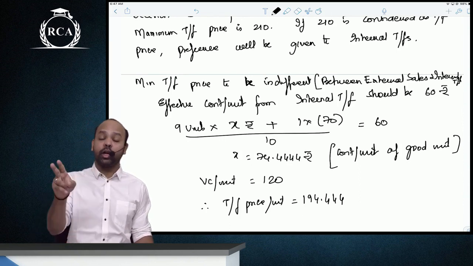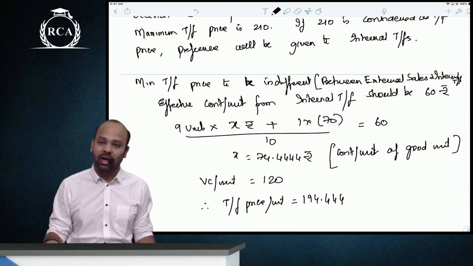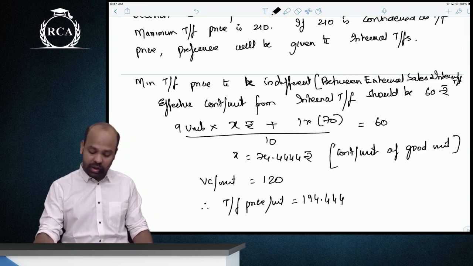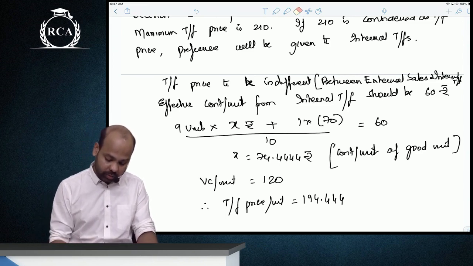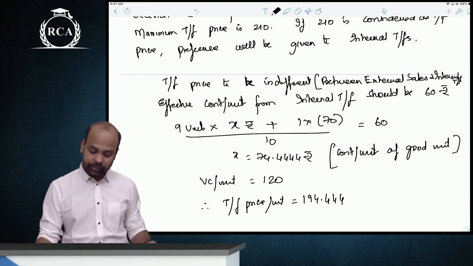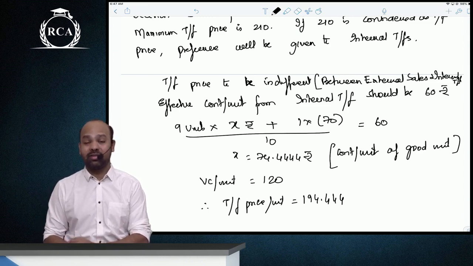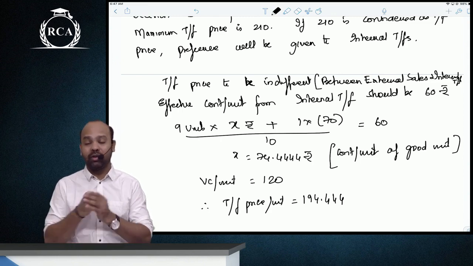Just in case he wanted to be indifferent between internal transfers and external sales, this is what you are supposed to do. This is not even the minimum transfer price, because we do not have external demand equal to 1200 units. We do have spare capacity guys.